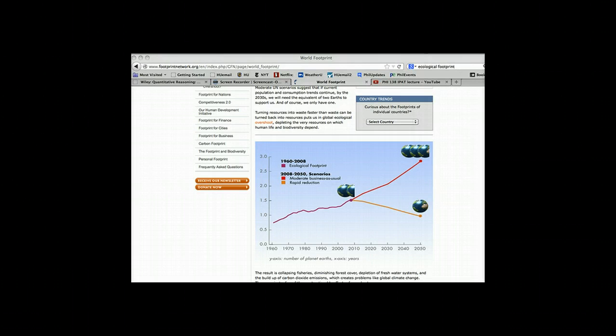For more information about ecological footprint and how it's calculated, you can go to this website that you see in the URL at the top of this screen. There are many places that you can go to at this website.